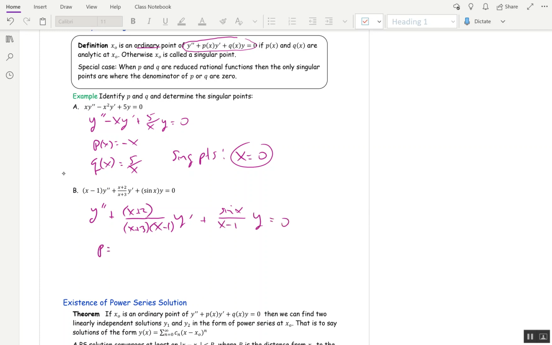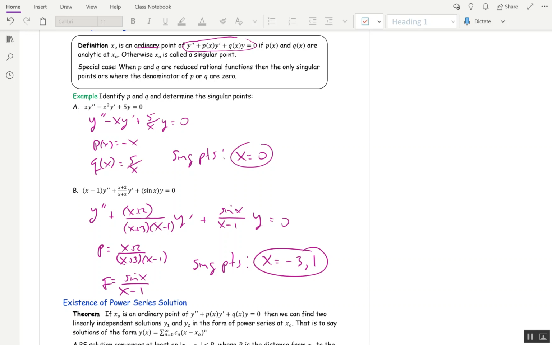So my P is (x plus 2) over (x plus 3)(x minus 1), and my Q is sine x over x minus 1. My singular points, I'll have 2 of them. P has problems at negative 3 and at 1, and Q has a problem at 1. So those are my singular points.